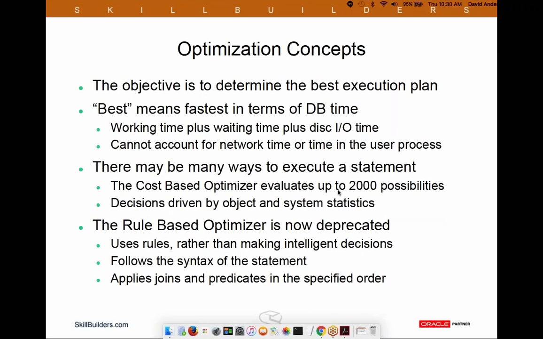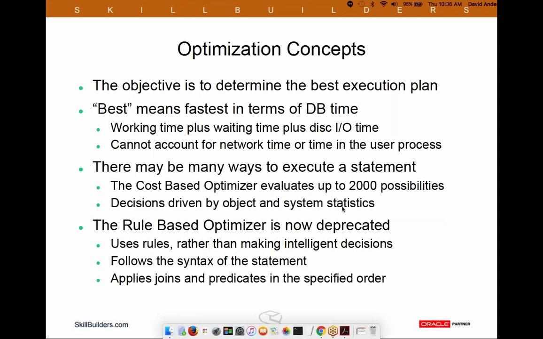These decisions and these different execution plans that the optimizer comes up with are, for the most part, driven by statistics, object and system statistics. So, for example, tables are an object. Indexes. So an index is an object which contains pointers to rows in tables. Indexes can help reduce the response time of a SQL statement.